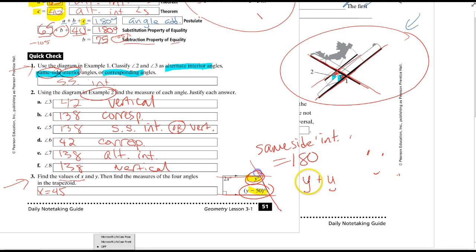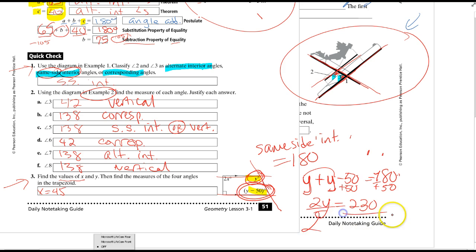So I've got y plus y minus 50 is 180. Add the 50 to both sides and simplify the y and the y, so I've got 2y equals 230. Divide both sides by 2.